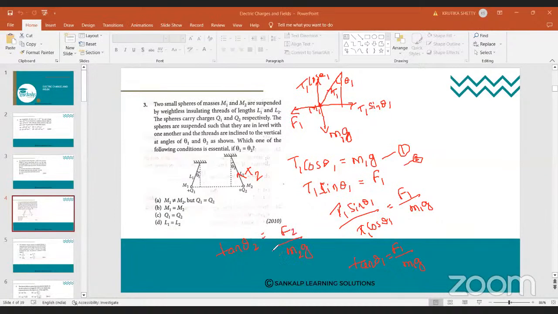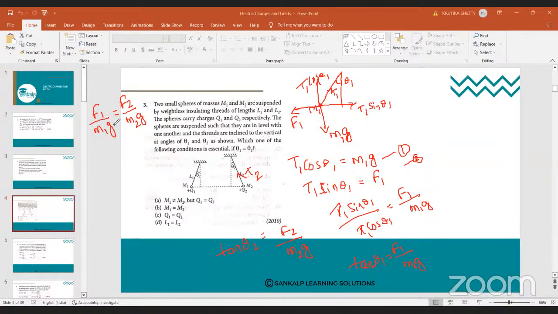So what does the question say? Theta 1 and theta 2 are equal. When they are on the same level, theta 1 equals theta 2, so tan theta 1 is equal to tan theta 2. Therefore F1 by M1G is equal to F2 divided by M2 into G. Acceleration due to gravity is the same for both, for the M1 body and the M2 body.